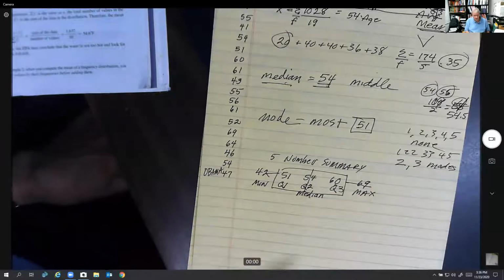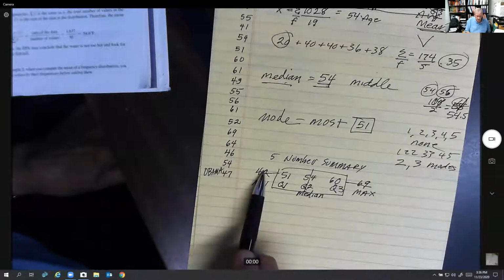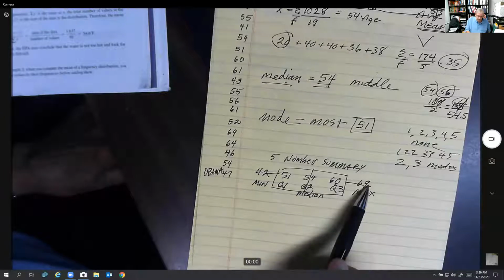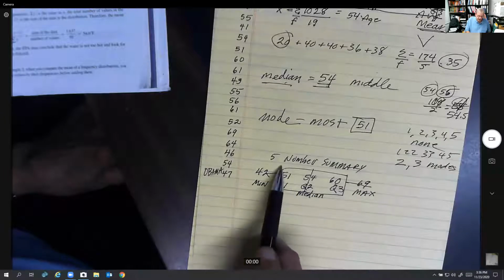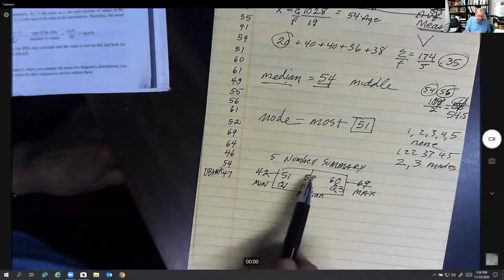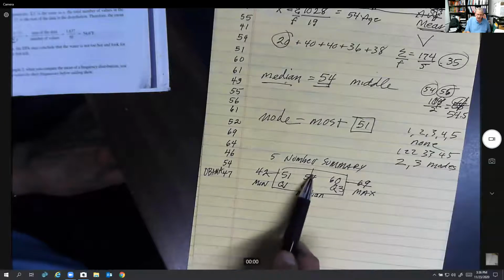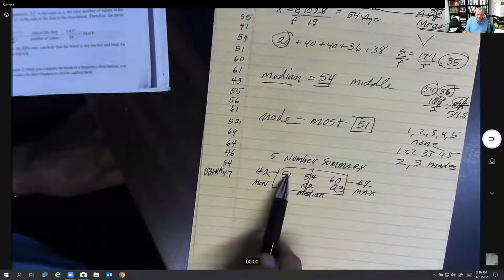Those are the most important numbers. The minimum number, the maximum number, and the numbers kind of in the middle, 54 being the number that's right in the middle, the median. But this represents from 51 to 60.